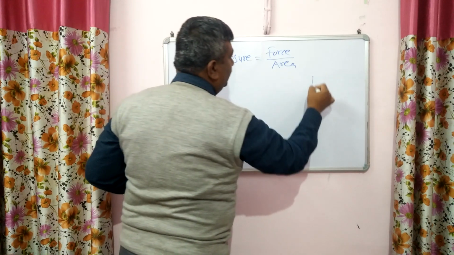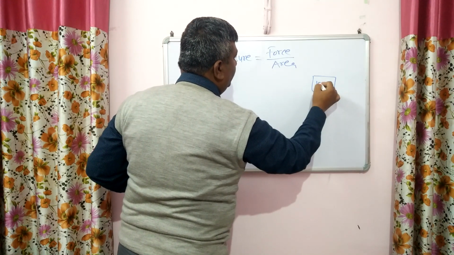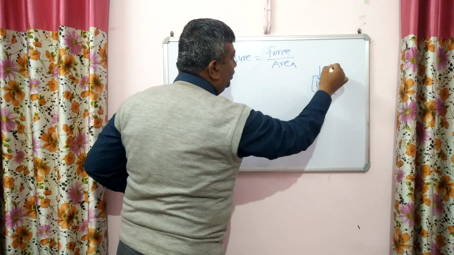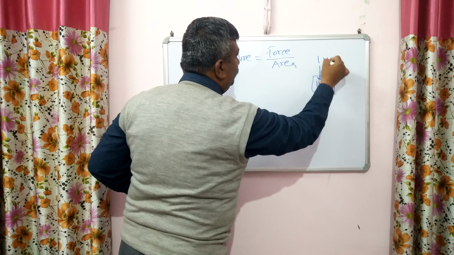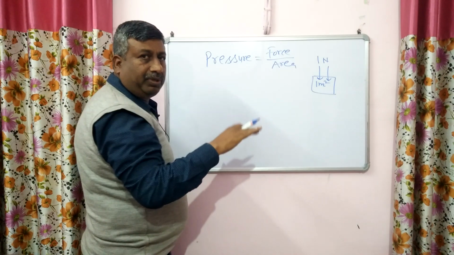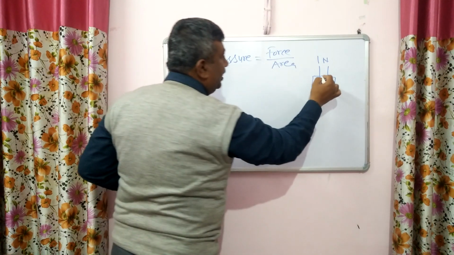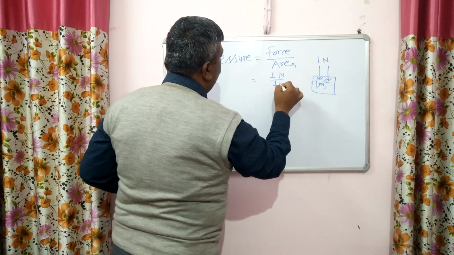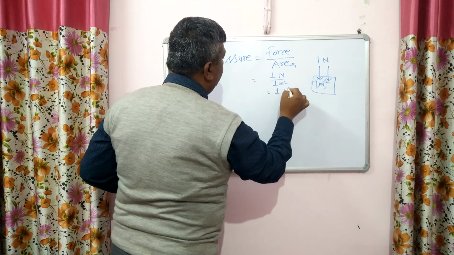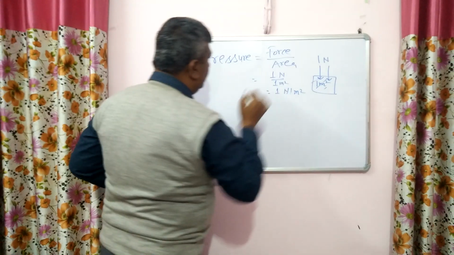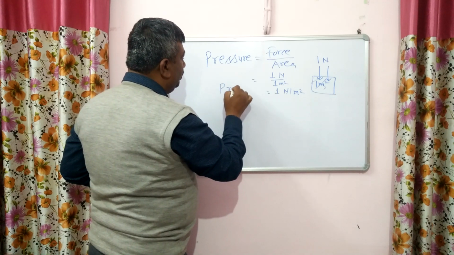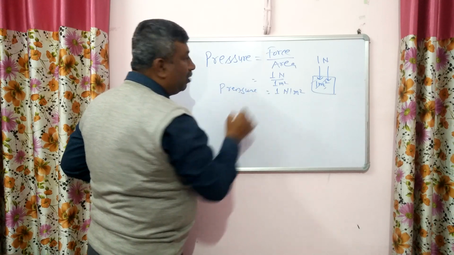For example, this is an area of 1 square meter and we are putting a force of 1 Newton on it. Then the force is 1 Newton divided by 1 square meter, that is 1 Newton per square meter. Then this pressure is said to be 1 Newton per square meter.